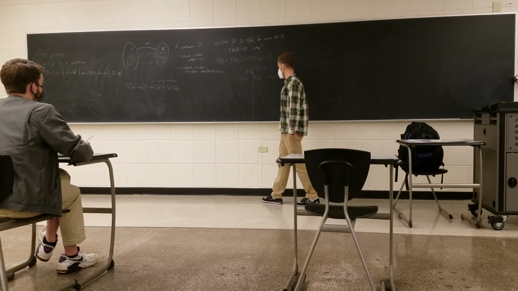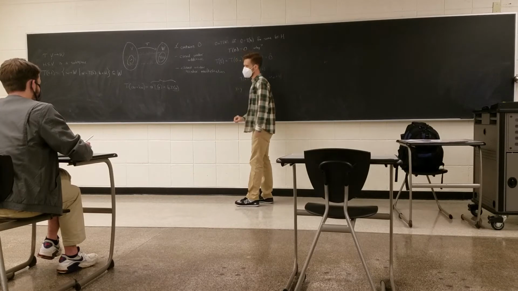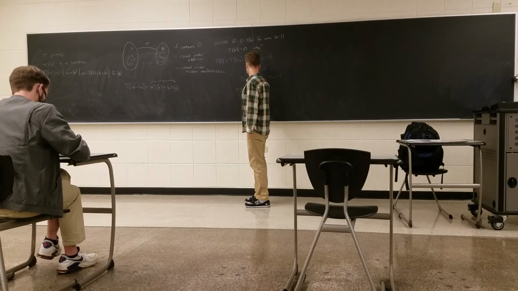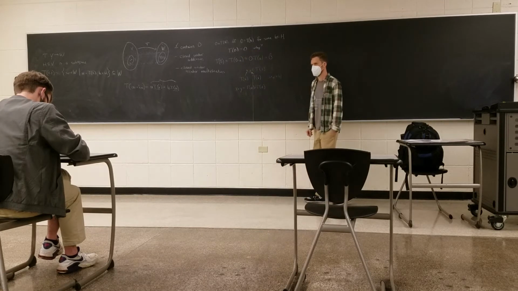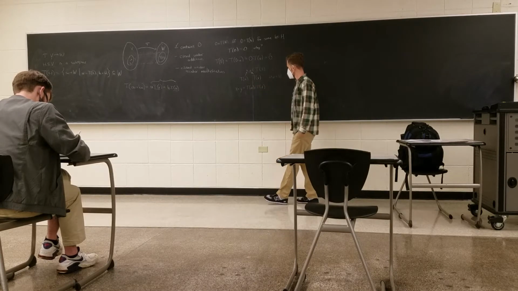Okay, so what is the sum of these things? The sum is equal to T of U plus T of V. Mentally translating this maybe to H1 and H2. You like that better?